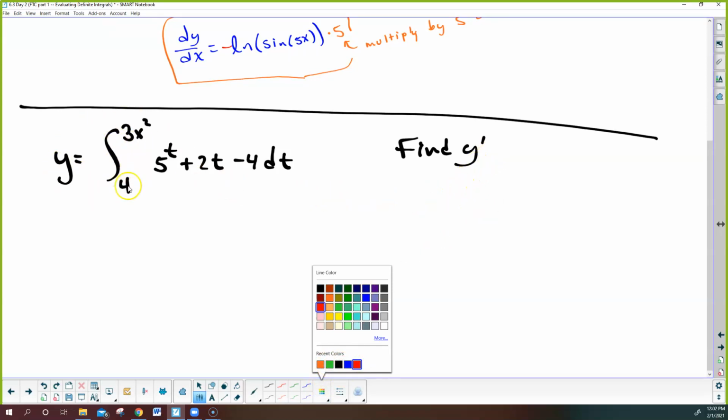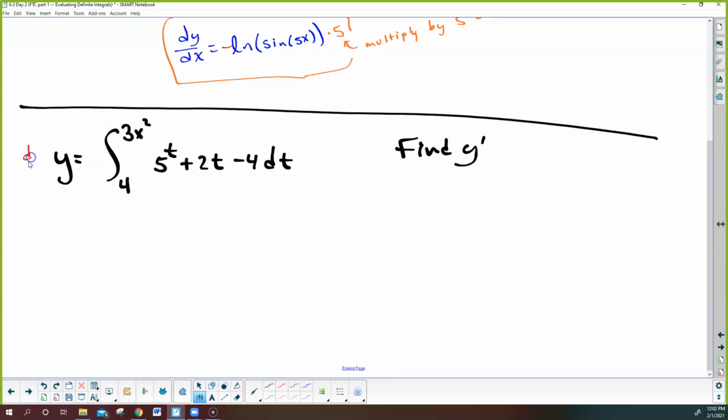Well, what we know is that if I'm going to take the derivative of both sides, we know that the derivative of y is y prime, or you could write dy dx. Remember, those are the same. But then here's the fundamental theorem of calculus that says a derivative and an integral are going to reduce each other out, right?